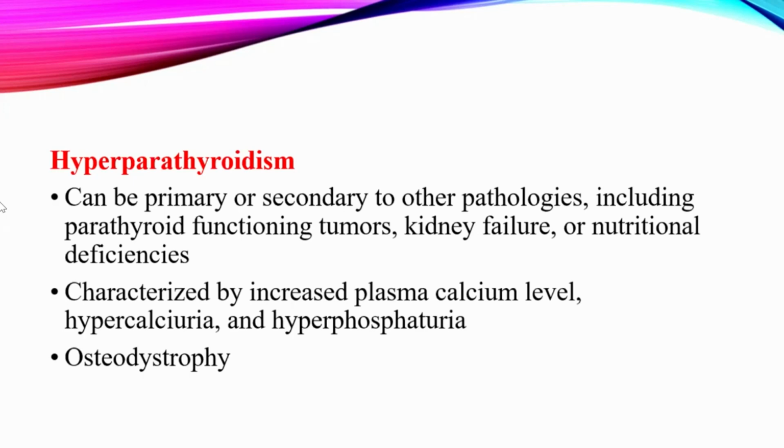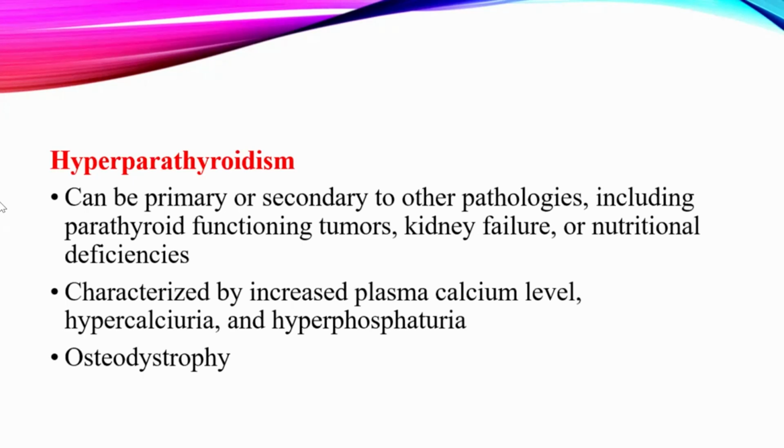When persons have hyperparathyroidism, it is characterized by an increased plasma calcium level, that is hypercalcemia, and also causes hypercalciuria and hyperphosphaturia.